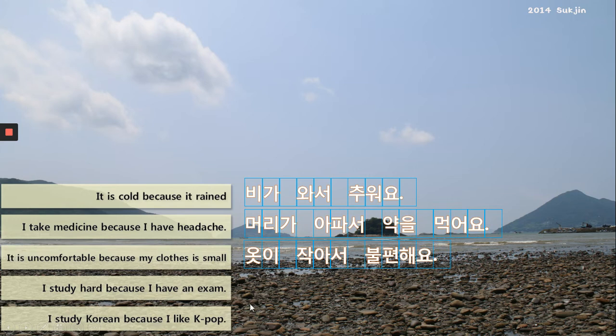네. Okay. Anyway, 자, I study hard because I have an exam next week, maybe. So 시험, have is 있다, right? I have in Korean is 있다. 시험이, this 이 is a complement marker. Soon I will explain. 시험이 있어서, 시험이 있다. I have an exam. 시험이 있어요. So instead of 있어요, we say 있어서, because 시험이 있어서, because I have an exam.